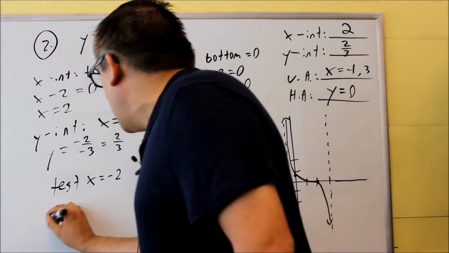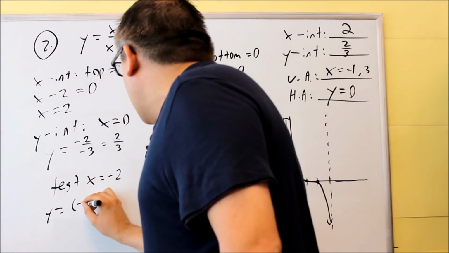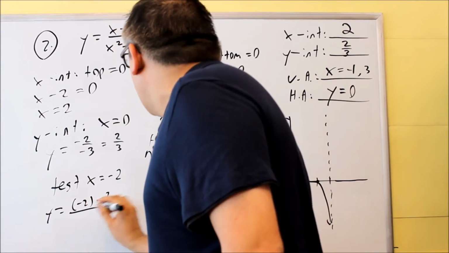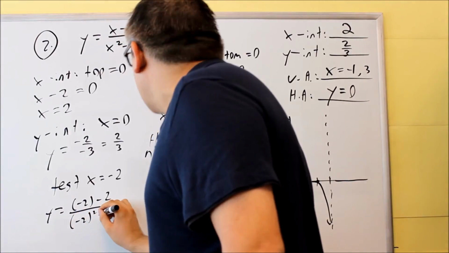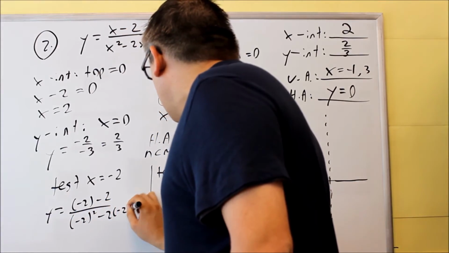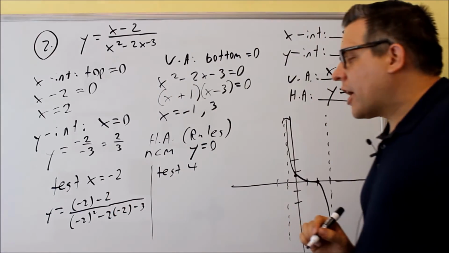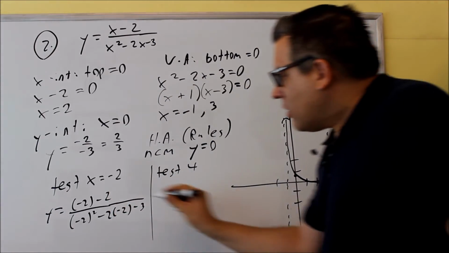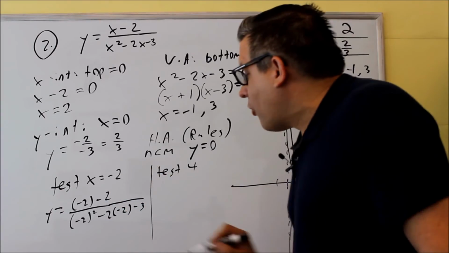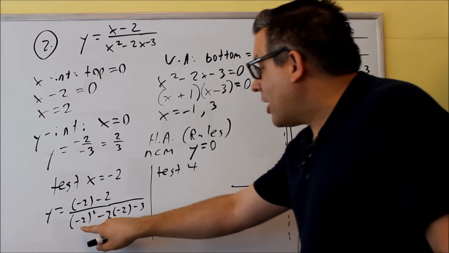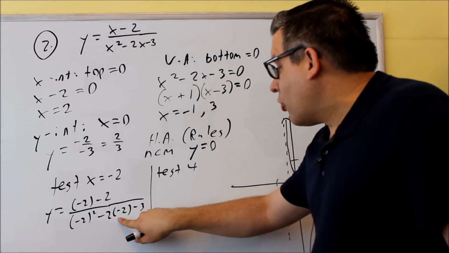So for instance, this one, what I would do is I would put -2 in for all the x's. So I'm going to show that here, and we want to work that out. Okay, so I'm putting in -2 for all the x's. Now if I work all this out, I get -4 on top. On the bottom I get 4 plus 4, 8 minus 3.